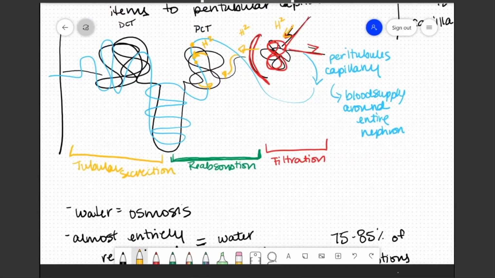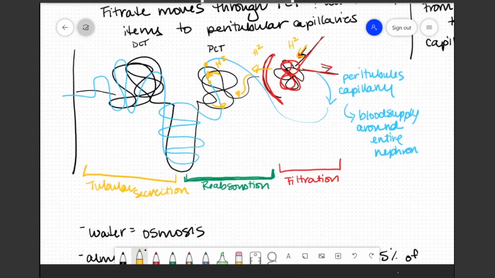It's really tricky to process that. So real quick, filtration is a process where you are filtering out from the blood. Reabsorption is a process where you are reabsorbing whatever you need to the blood.